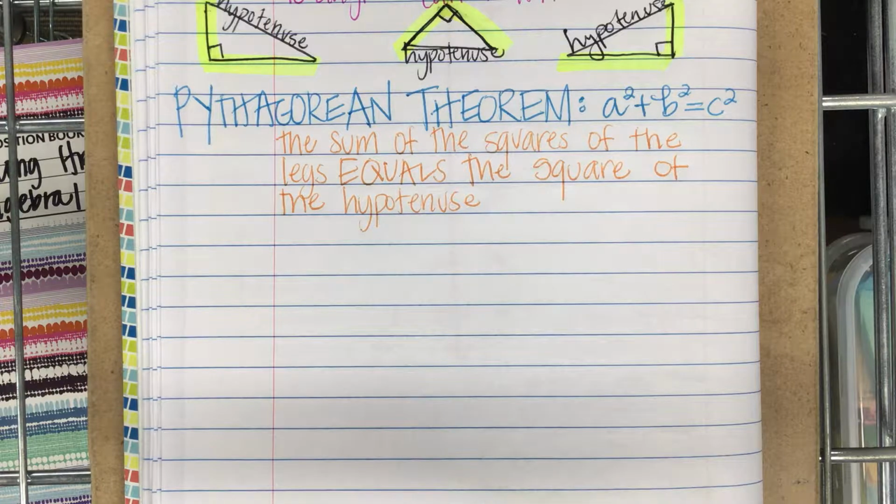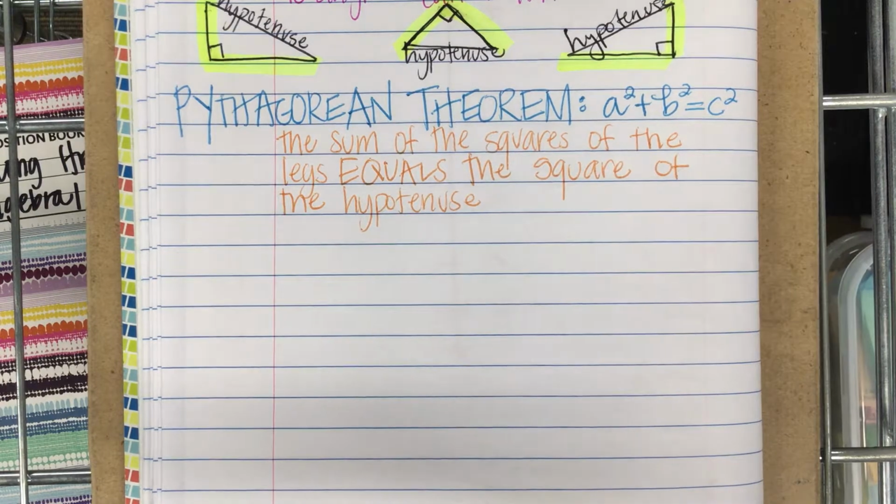The sum of the squares of the legs equals the square of the hypotenuse. Think about it. The sum of the squares of the legs equals the square of the hypotenuse.